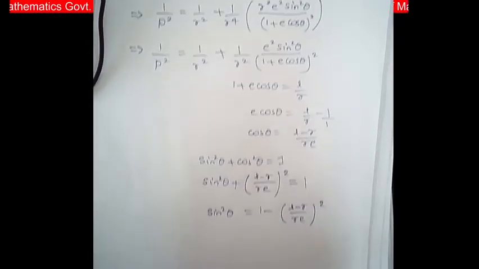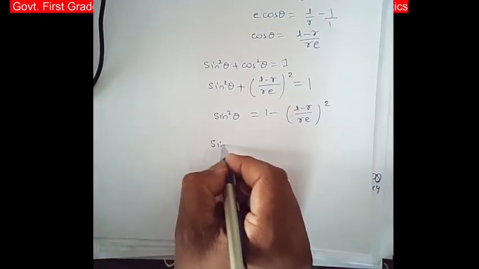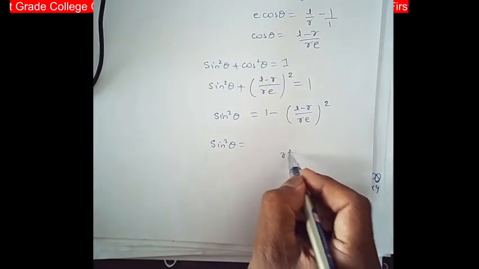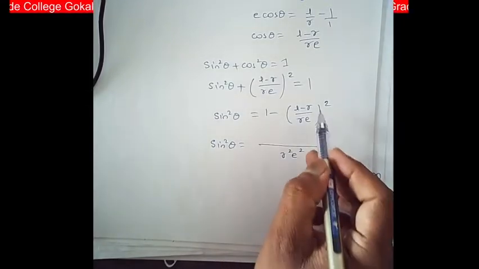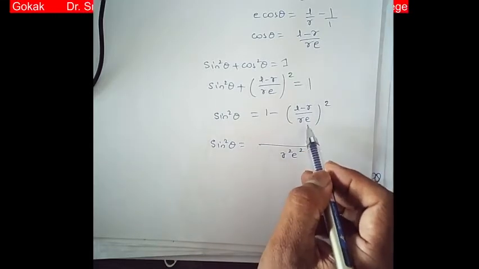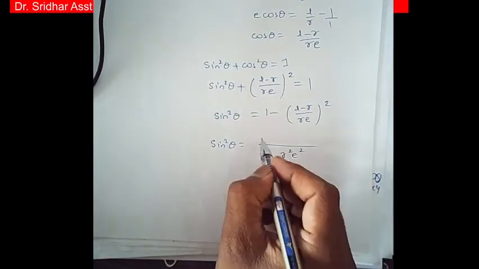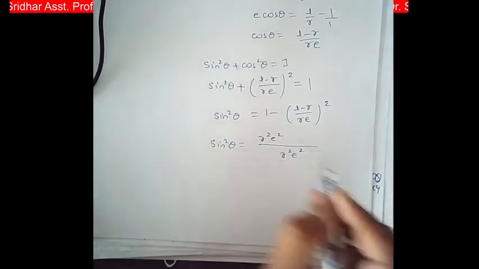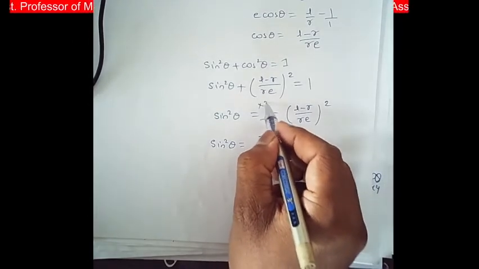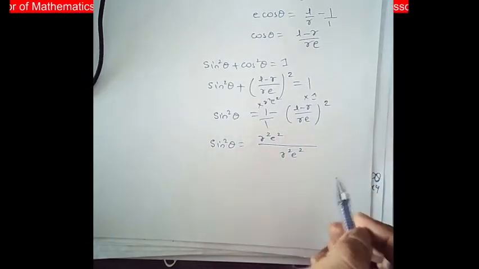That is, sin square theta is equal to, now I take LCM. The LCM is r square e square, because it is a by b whole square, which I write as a square by b square. So b square means r square e square. Here r square e square is multiplied, and here only 1 is multiplied.